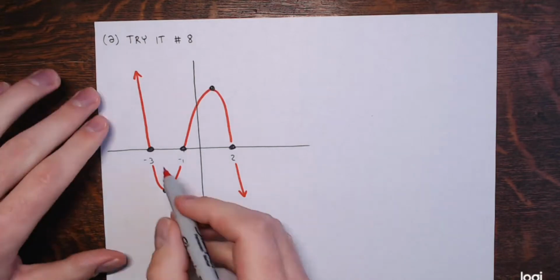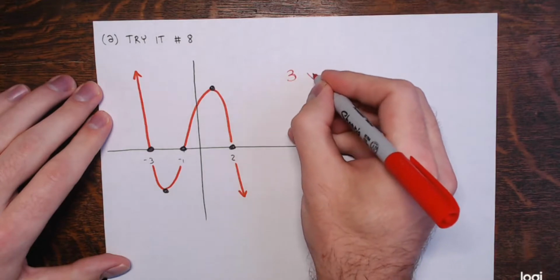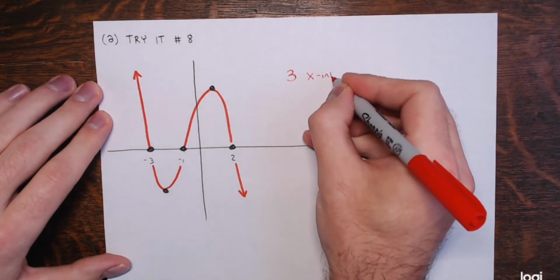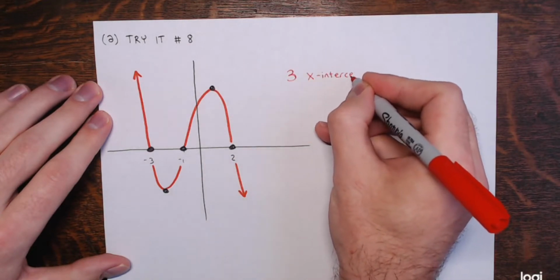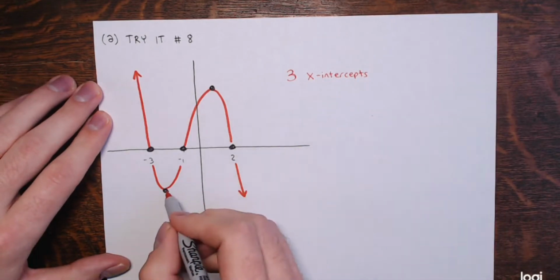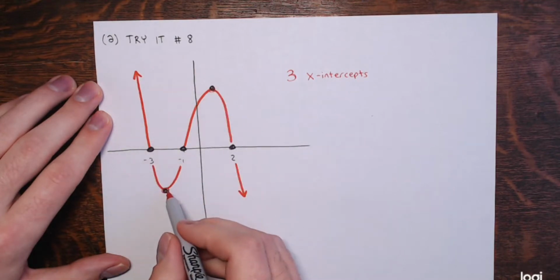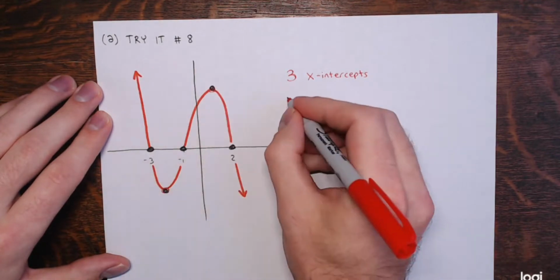Now I'm noticing it has 3 x-intercepts. And it also has these 2 turning points, right, where it goes from decreasing to increasing or increasing to decreasing.